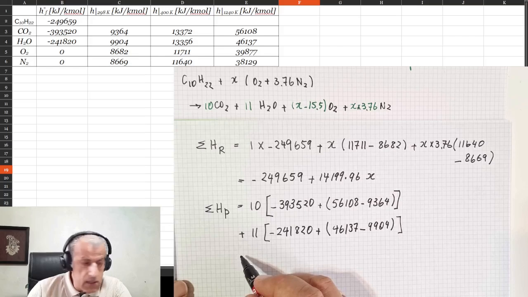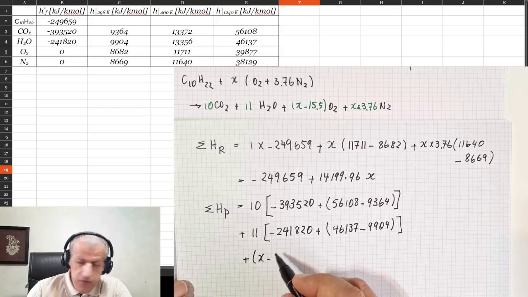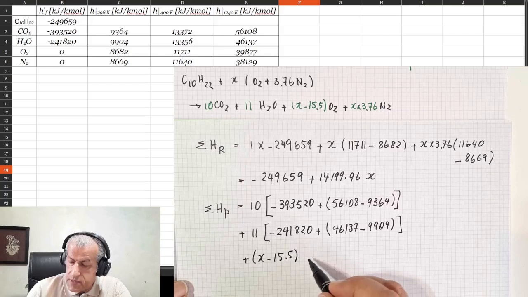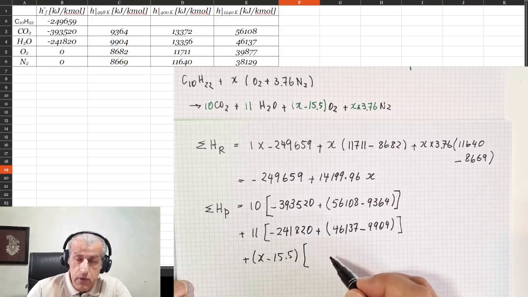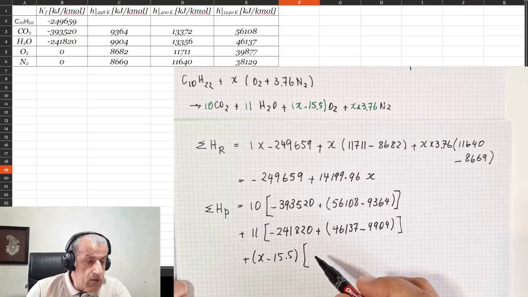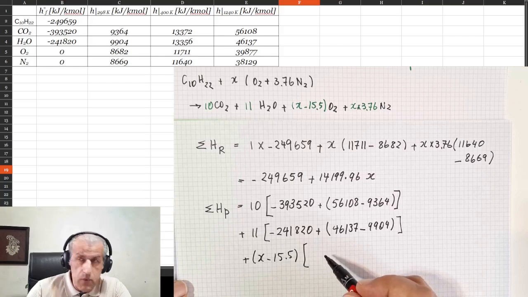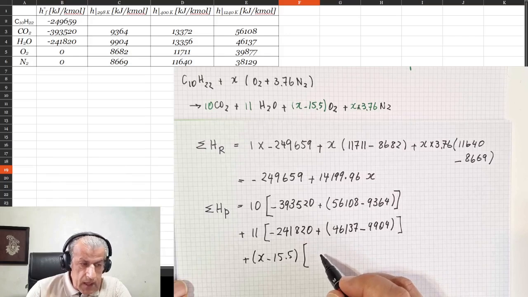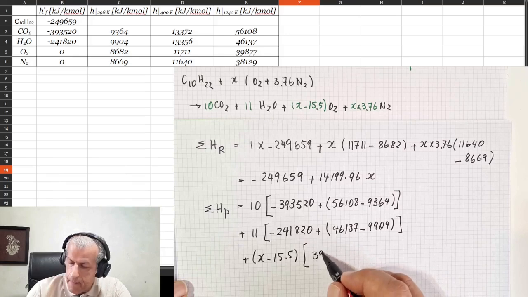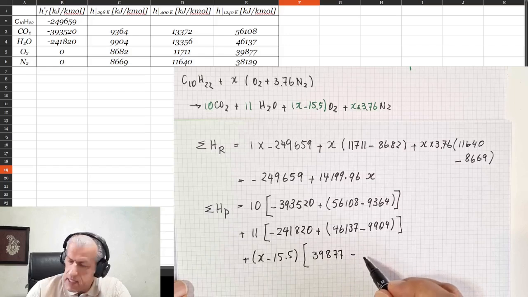One is oxygen, which is plus x minus 15.5 times. Now, as for O2, enthalpy of formation is zero, so it is only the difference between its enthalpy at 1240 and its enthalpy at 298, and that would be 38,977 minus 8682.